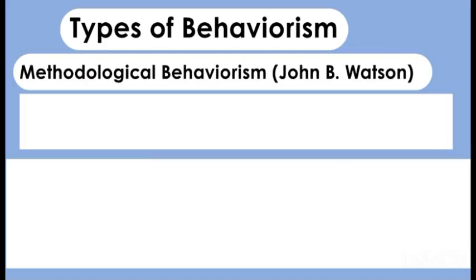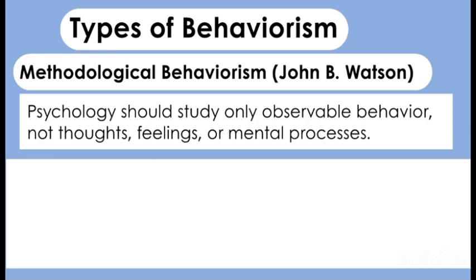So there are many types of behaviorism. Let's first discuss methodological behaviorism by John B. Watson. It is a behavioral perspective associated with Watson and B.F. Skinner that explains behavior by focusing only on observable and measurable actions.